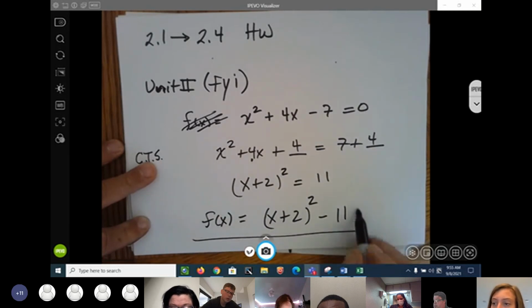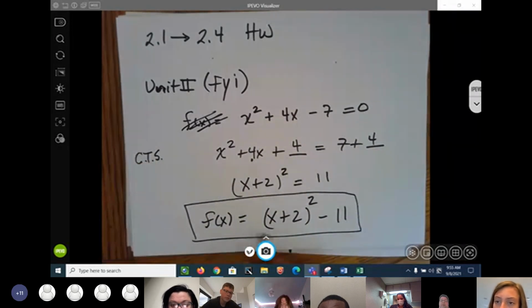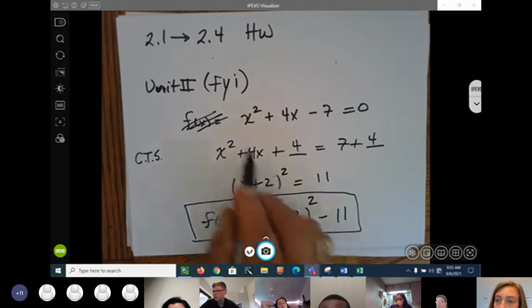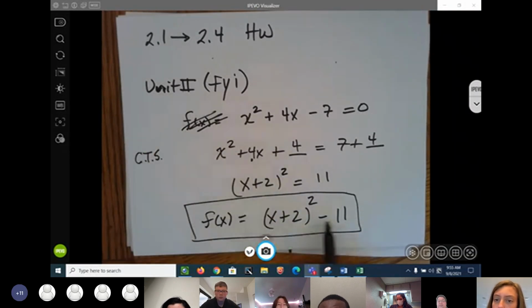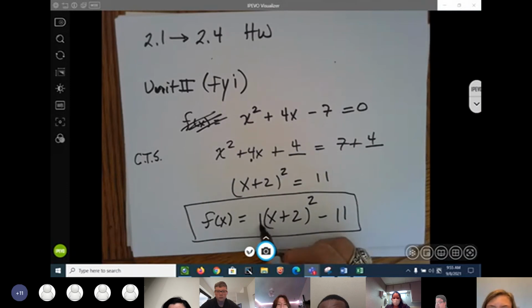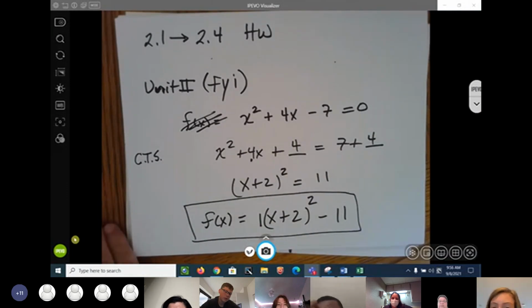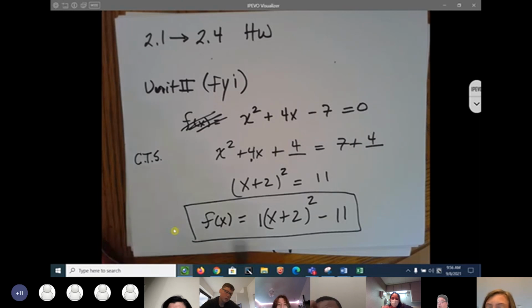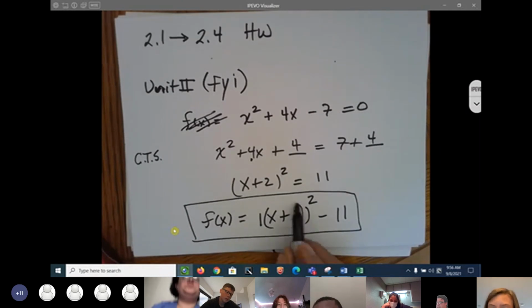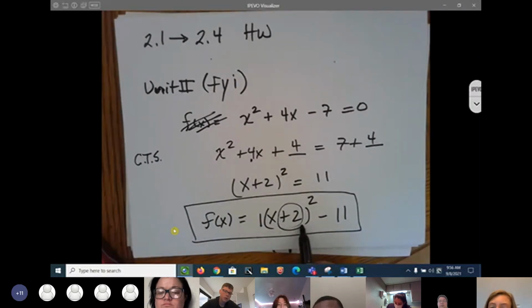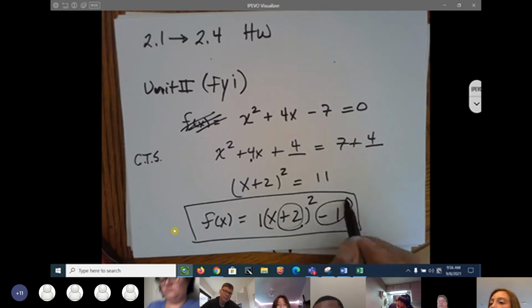Does this look familiar? Somebody tell me what this is. Remember, this is Unit 2. That means I want somebody to say something. A quadratic. It's a quadratic, and what is this? A horizontal shift. And what is this?